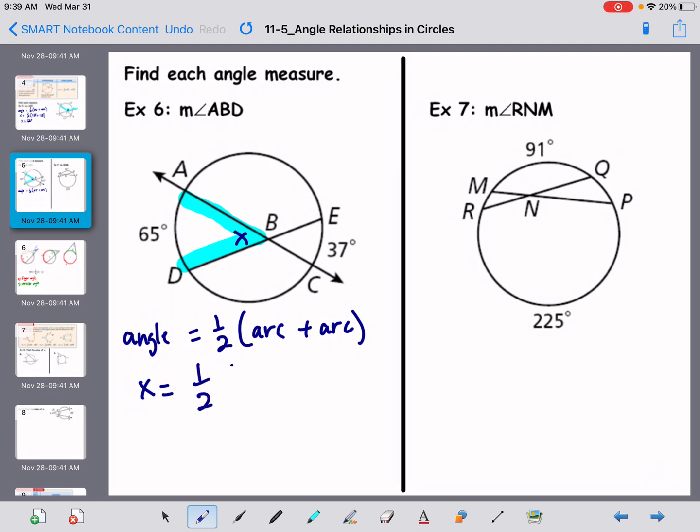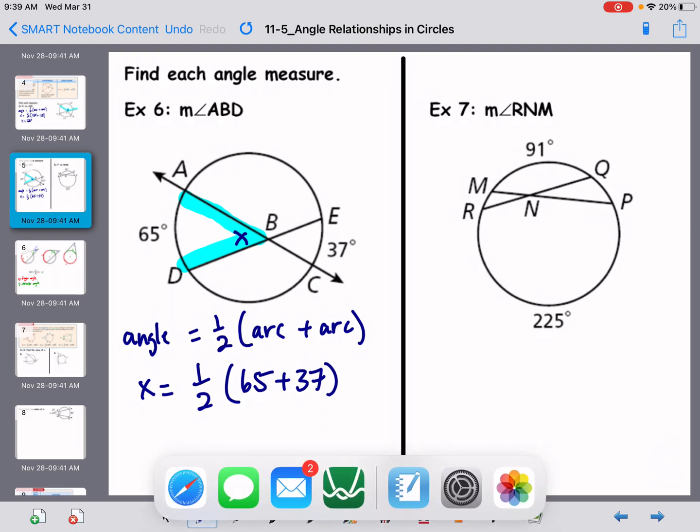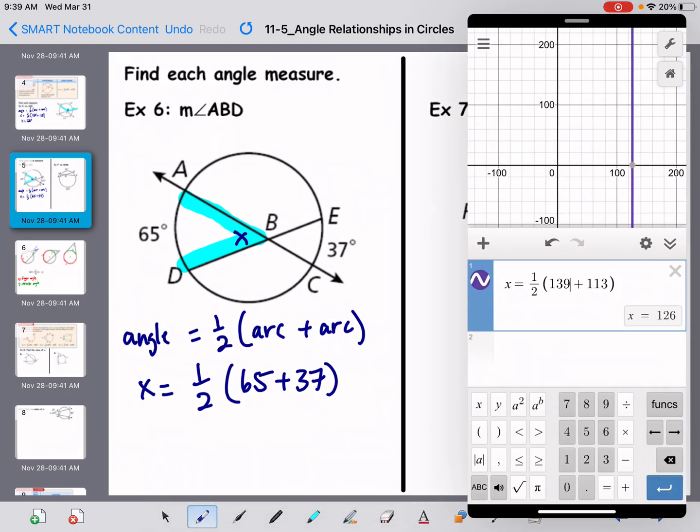I don't know it. Then I got 65 and 37. So over here, this would change to 65. This will change to 37. So x is going to be 51 degrees.